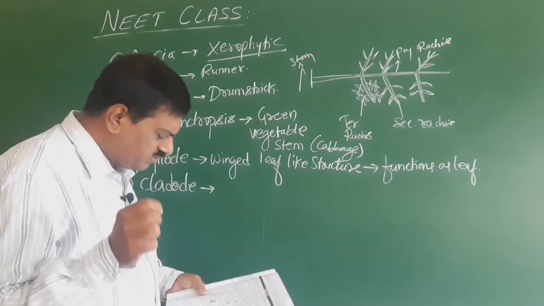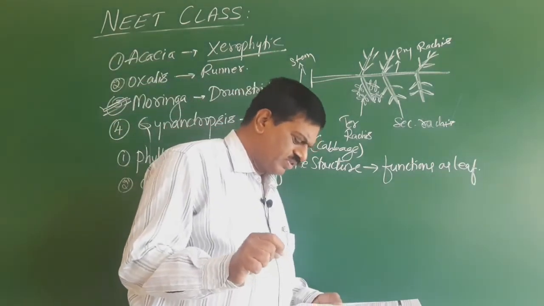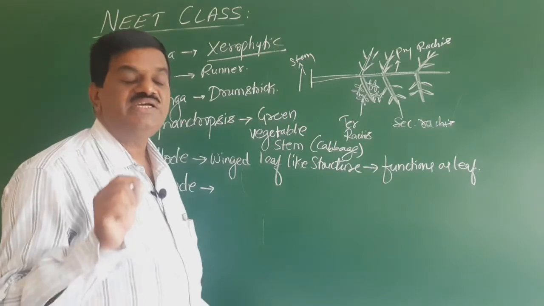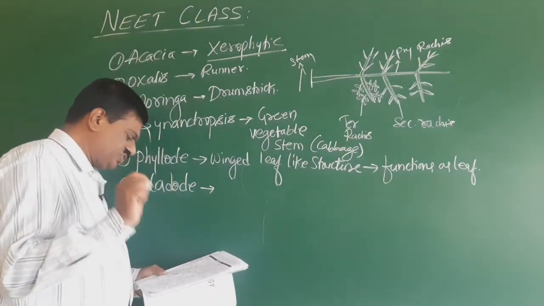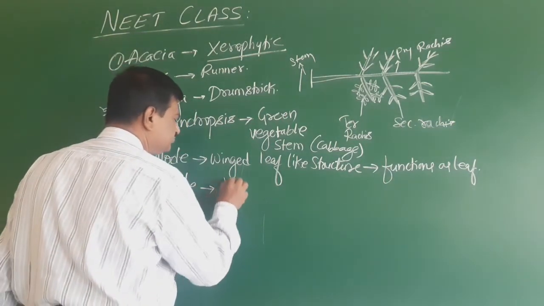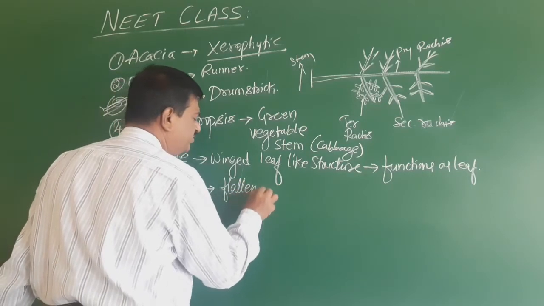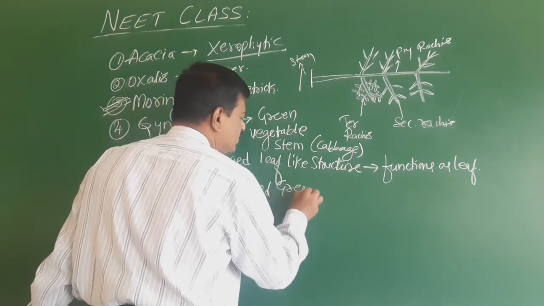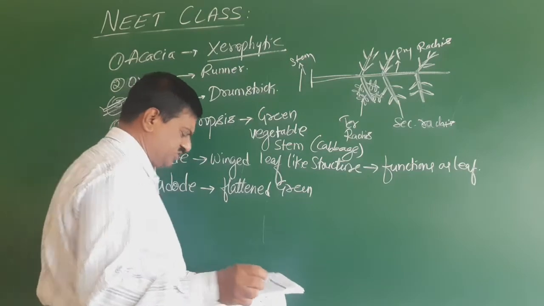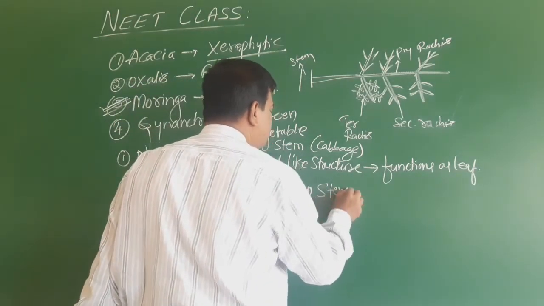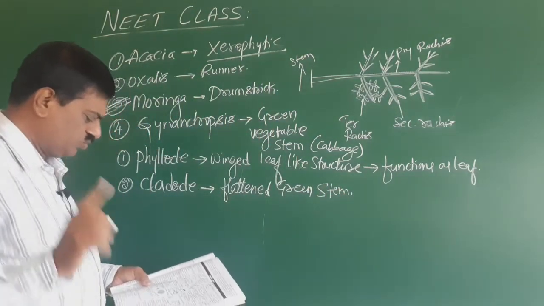So we know that cladode is a flattened green stem-like structure. Flattened green structures or green stem. This is called cladode.